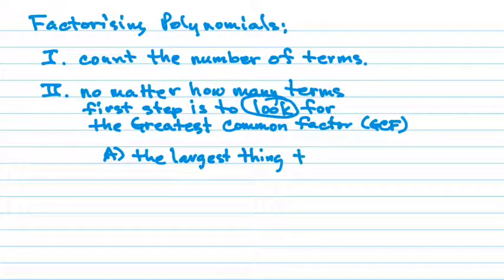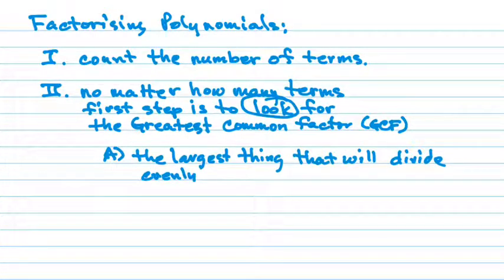The largest thing that will divide evenly, that should go without saying, but I'm going to stick it in there, into every term. Okay? The largest thing that will divide evenly into every term. And there's the key. It has to divide evenly, and it has to divide into every term. And, of course, it must be the largest thing. That's the word greatest, right?